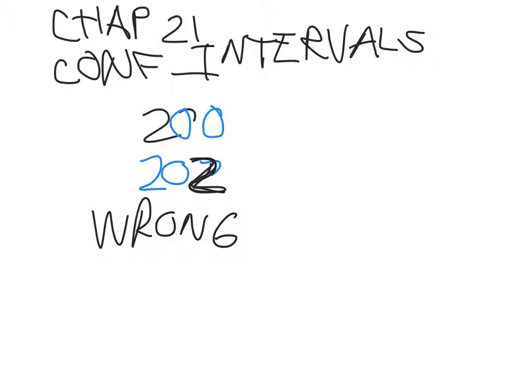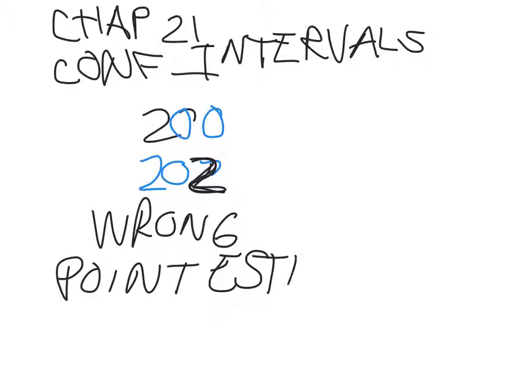When I make a guess like that, just one value, that's called a point estimate. And point estimates, though often simple to make, are not good in the sense of either you're right or you're not.